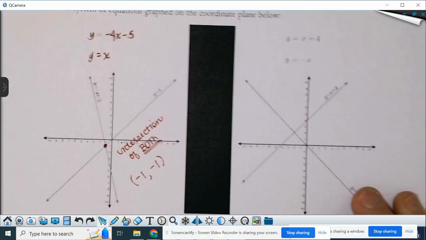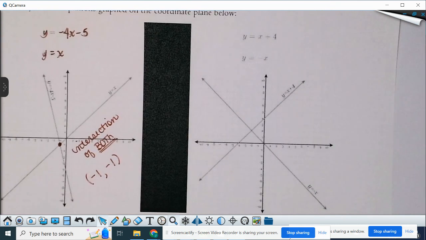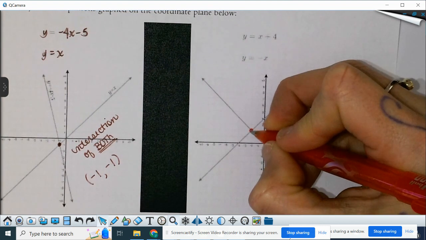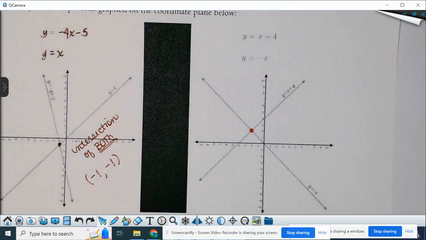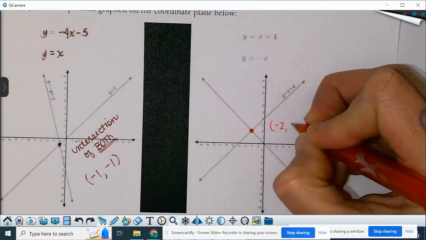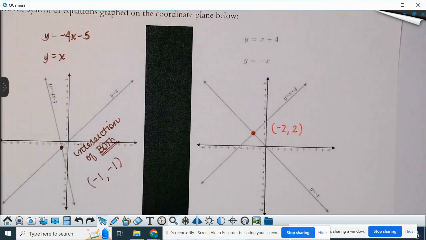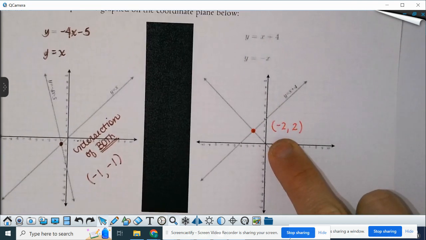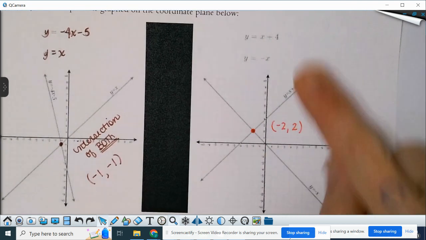Perfect. Second one, y equals x plus 4 and y equals negative x. We're going to look for our intersection, where they cross each other, and that's negative 2, 2. And that's just coincidental that they're matching numbers. It could be anywhere on the coordinate plane. X value, left and right first, up and down second. So this x value will always give me this y value for both equations.